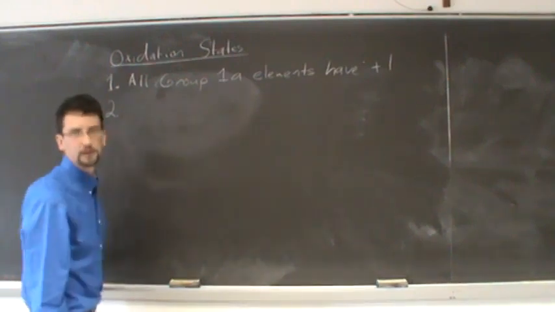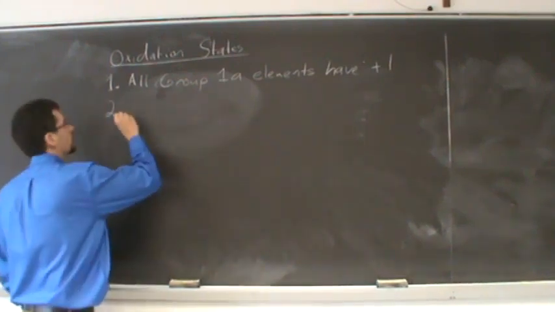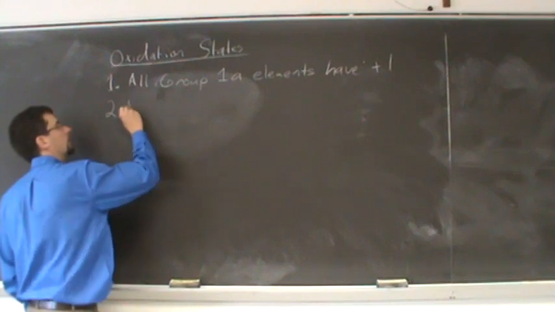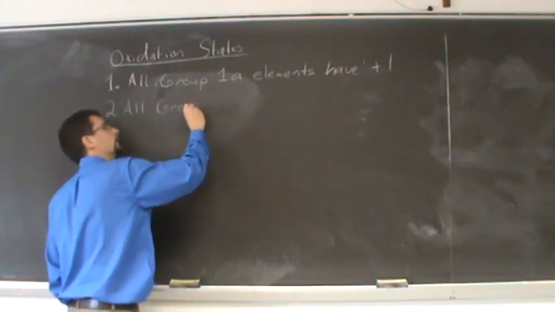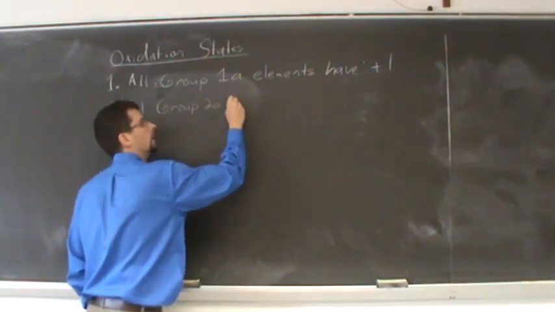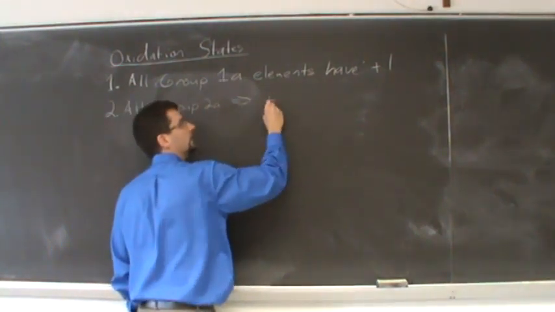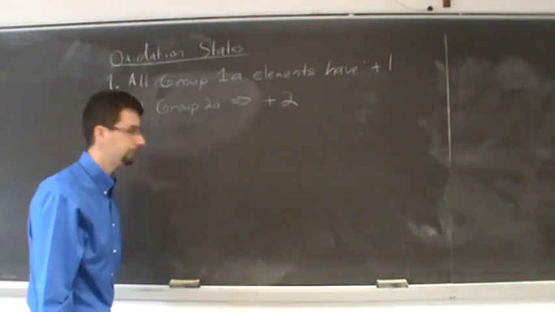So group 1 is also known as the alkali metals. In terms of the alkali earth metals, or group 2A, they are all in a +2 state.